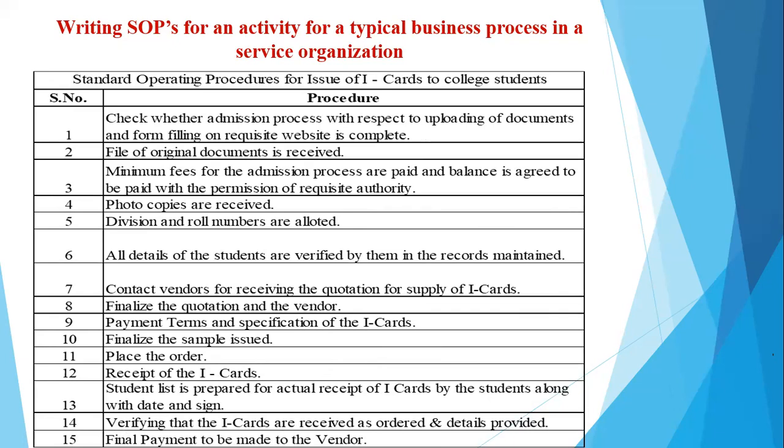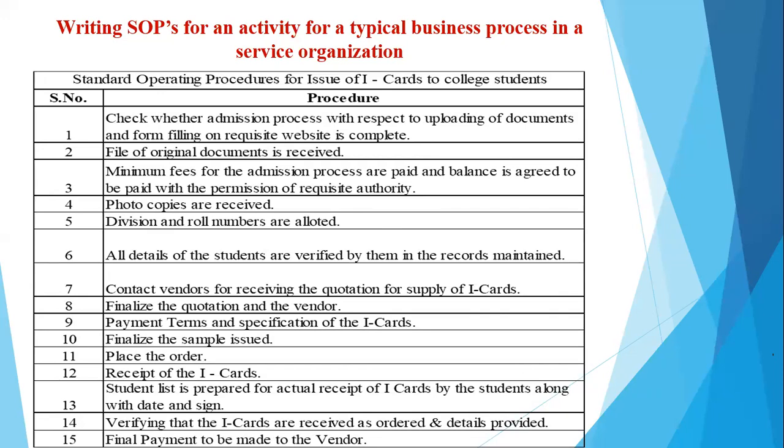Further, the students will be verifying, looking into whether everything is correct, and verifying that the I-cards are received as ordered and the details are provided therein. Once everything is okay, there are no changes required on the I-card of the student.